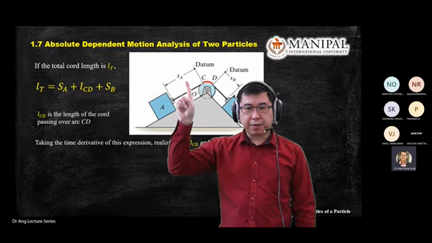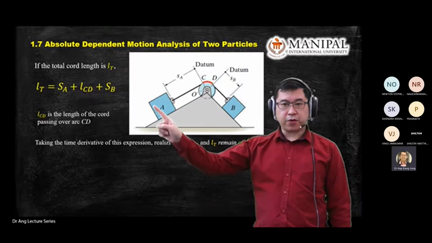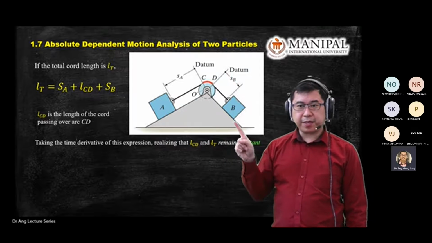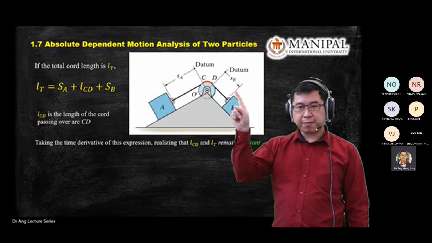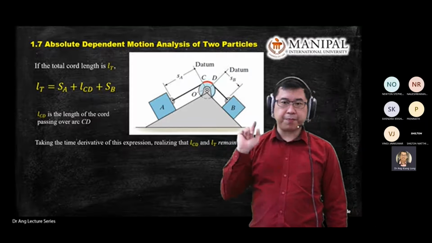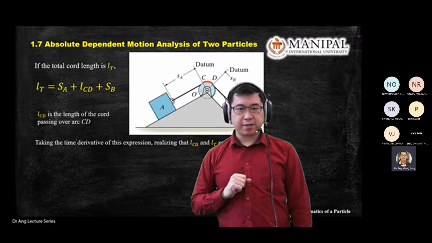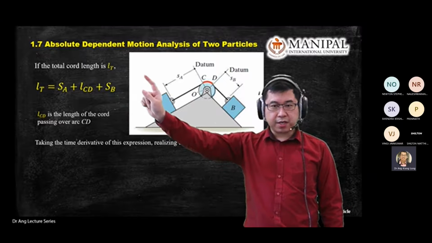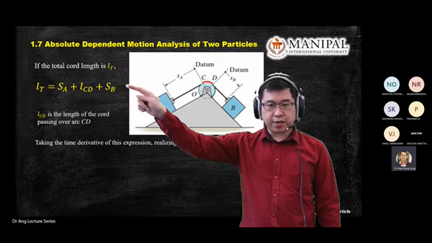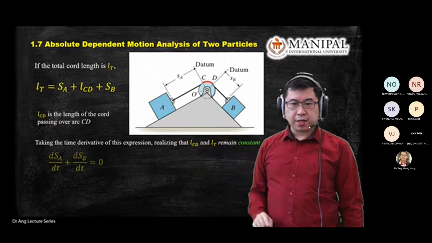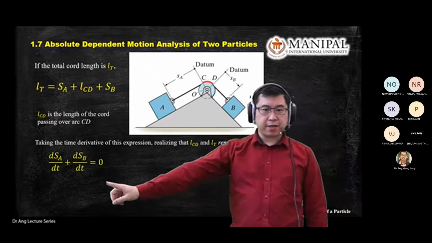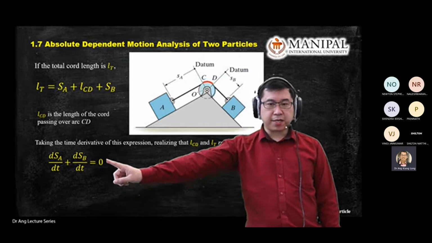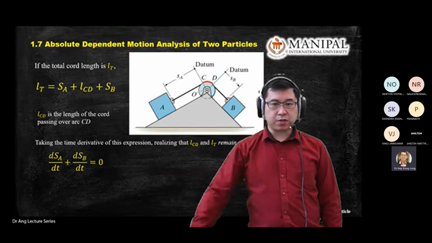SA divided by time, you get the velocity for A. SB is the displacement done by B. You divide it by time, you get the speed of B. Agree? You rearrange, you take this equation and do the first derivative over time, and you arrive at this equation: dSA over dt plus dSB over dt equals 0.